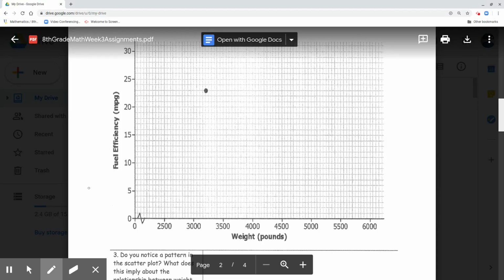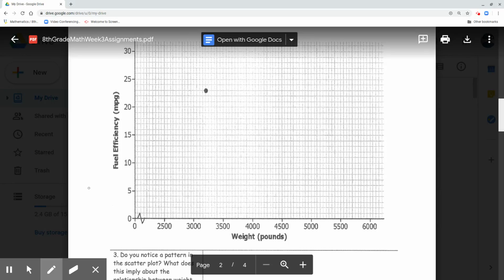Do we think that the fuel efficiency will be higher as the weight increases? Or maybe do we think the fuel efficiency will be lower for the car as the weight increases? The point of using a scatter plot is to try to see if two sets of data are actually related and have to do with each other.